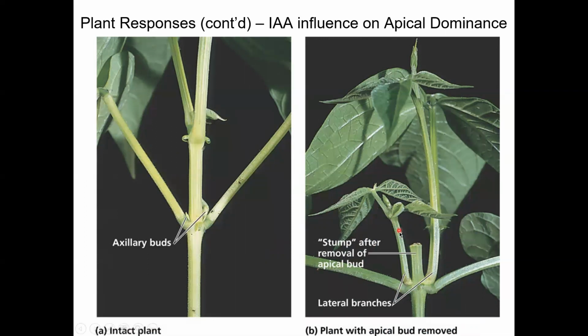When you cut the apical meristem out, there's no longer suppression of these lateral buds. These axillary or lateral buds have been suppressed by the terminal bud, and when you remove the terminal bud, the lateral buds are allowed to exercise their growth. They're being suppressed here. And this has to do with reaching up for light.